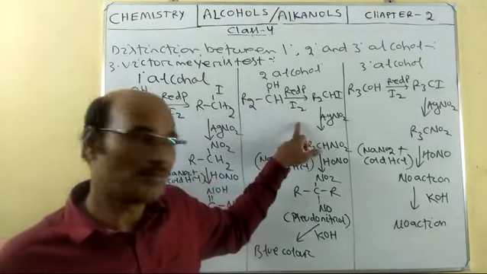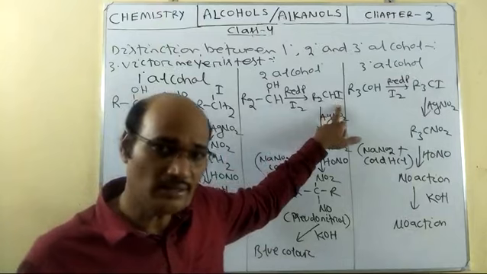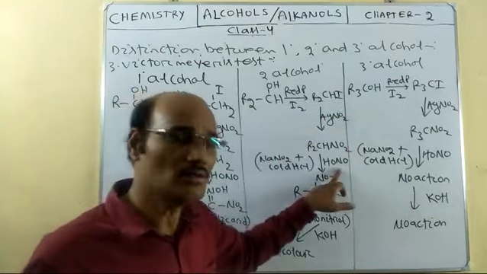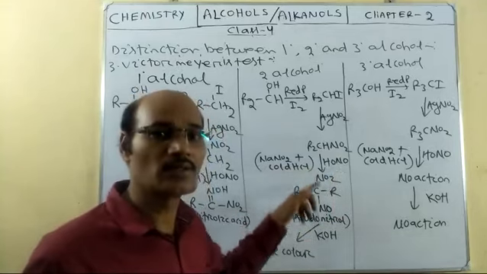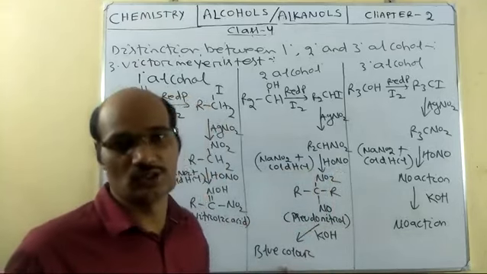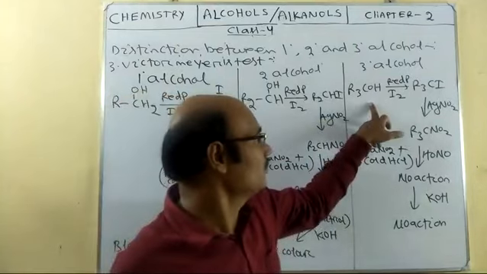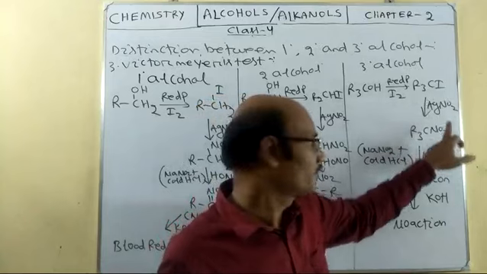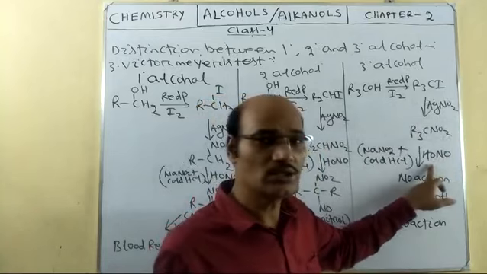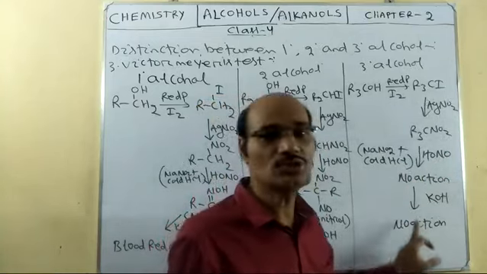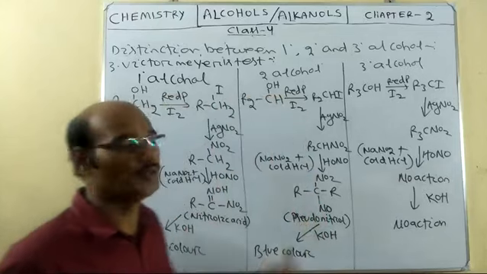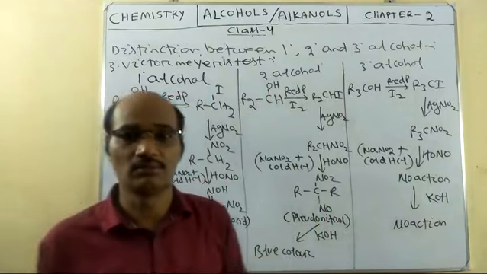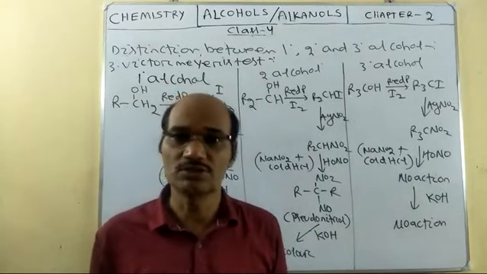Secondary alcohol, red P/I2, alkyl iodide, AgNO2, nitroalkane, then HONO gives pseudonitrole, KOH blue color. Tertiary alcohol, red P/I2, alkyl iodide, AgNO2, nitroalkane, HONO no action, KOH no action. So in this way we can distinguish primary, secondary and tertiary alcohol by the Victor-Meyer test.